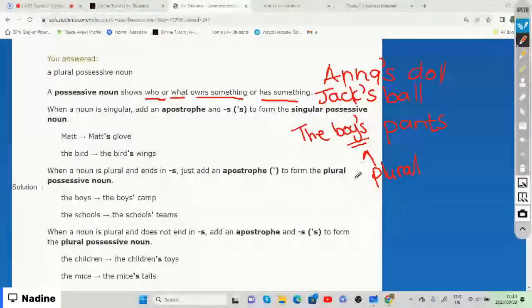So that apostrophe and the S shows someone owning something or has something, and it shows singular. But as soon as you just put boys with no apostrophe, we would get the idea that it is a plural. It is showing that it is more than one.